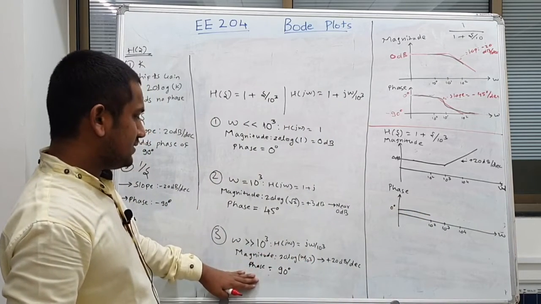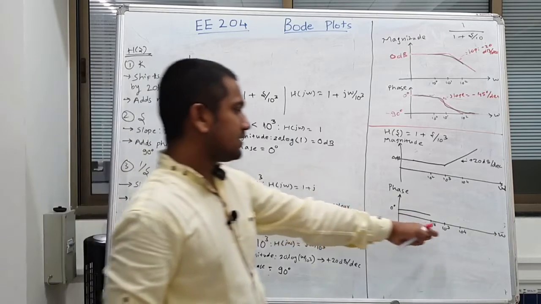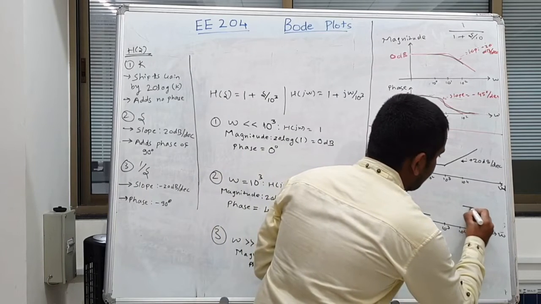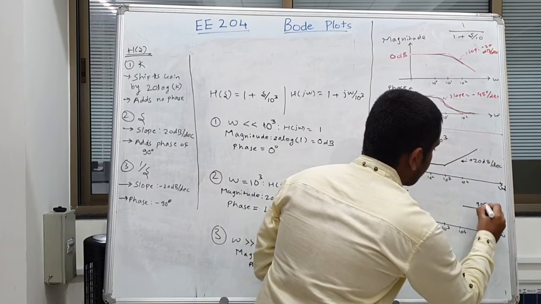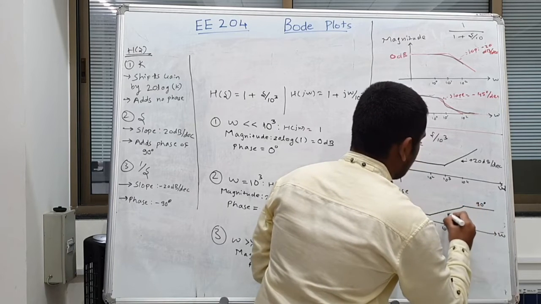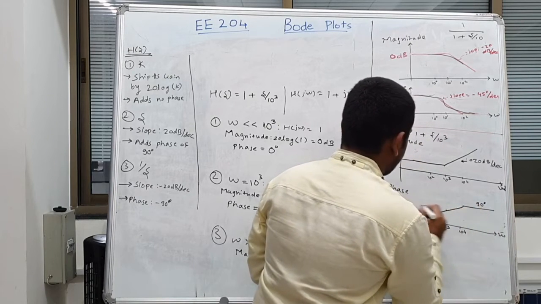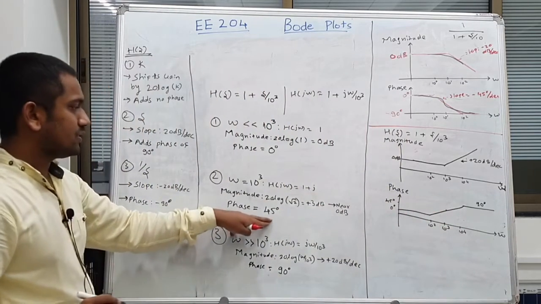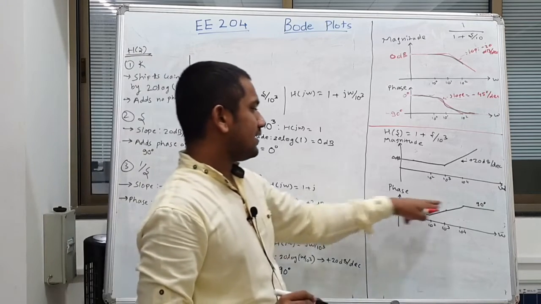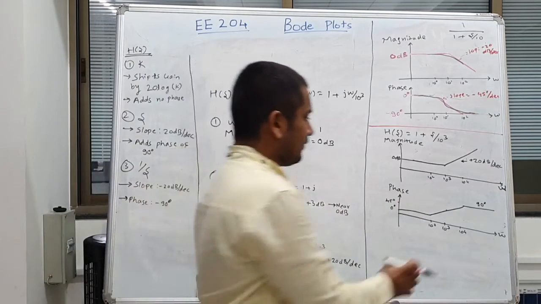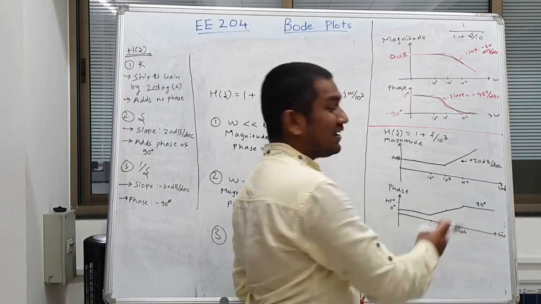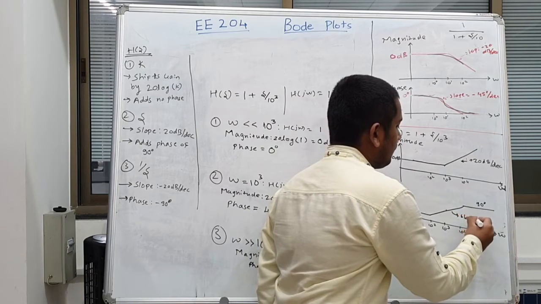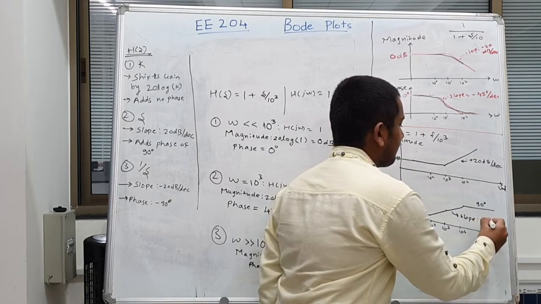At higher frequencies which are 10 times larger than 10 to the power 3, it stays at 90 degree. And if we join these dots with center at 45 degree, it matches with our calculation that at the corner frequency the phase added is 45 degree. It tells that in 1 decade it has changed by 45 degree around the corner frequency. The slope will be 45 degree per decade.